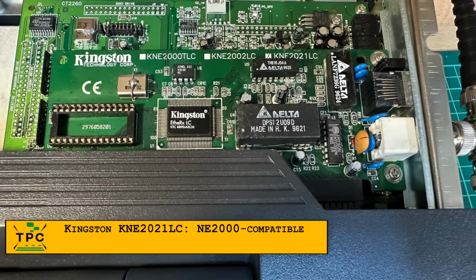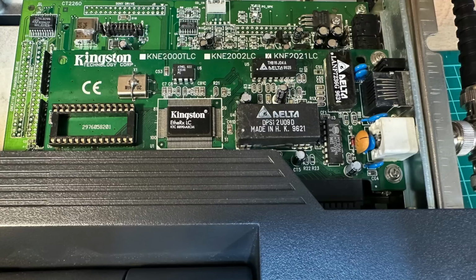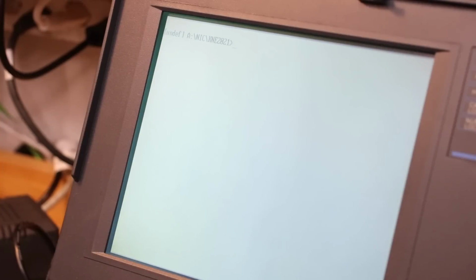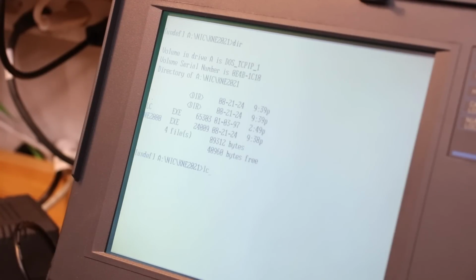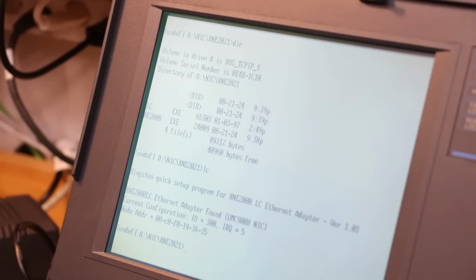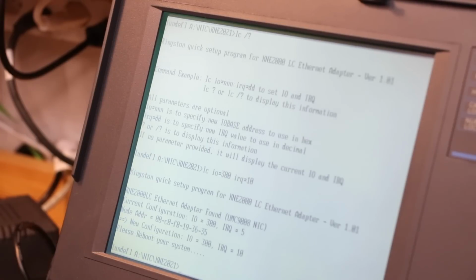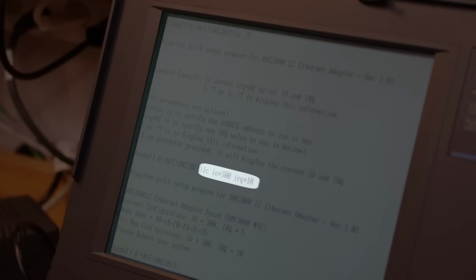Another network card I own multiple units of is the Kingston KNE 2021 LC, basically an NE2000 compatible. Using the provided LC tool, it is easy to inspect or change the IRQ or I/O configuration if needed. And as you see, I just switched it to use IRQ 10.